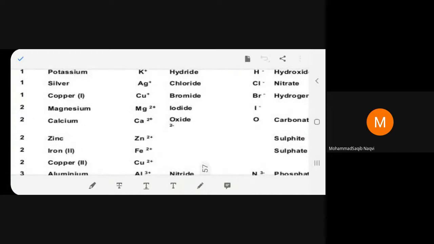Okay. Now see over here. Iron, Fe2 plus. Can you see the font? Is it clear to all of you? Or do you want me to magnify it? Yes, ma'am, it's okay. Then we have iron. Valence is 2.